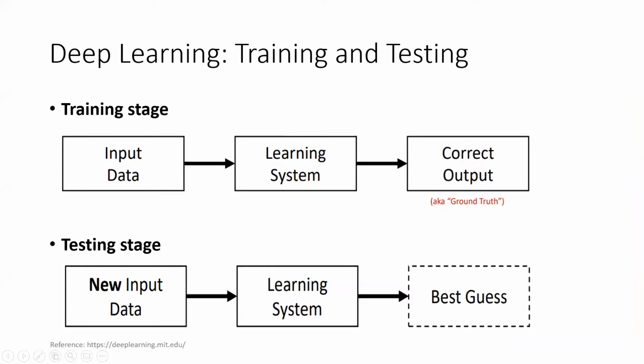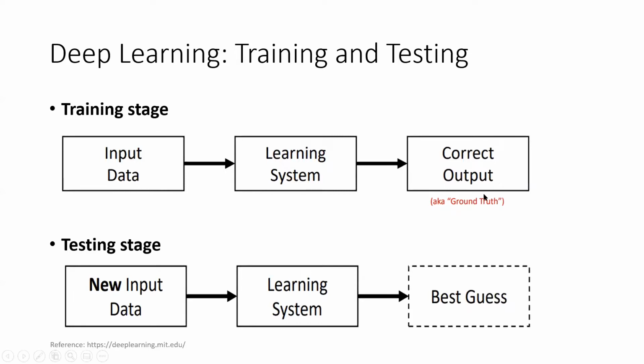So now we're briefly looking at the training and testing process. Of course, if you have data, you have to split it into two partitions: the training phase and the testing phase. Here I have the input data. I input it into a learning system, and then I'm able to do some predictions. After that, I can ascertain the error, how well my model is performing.